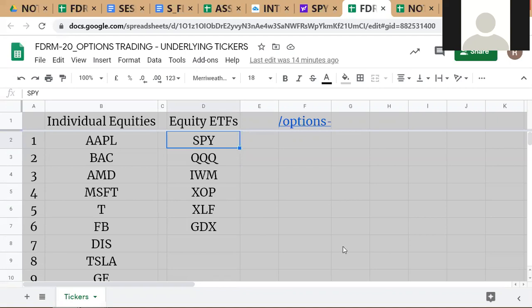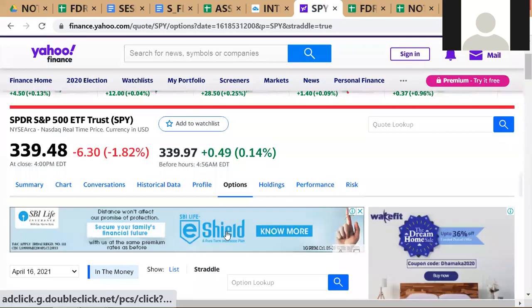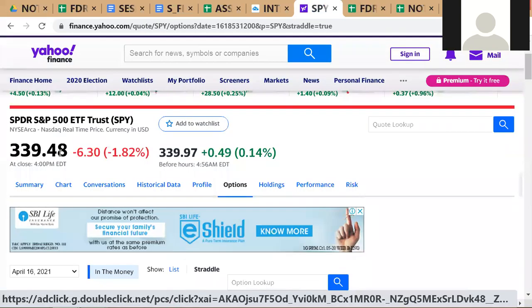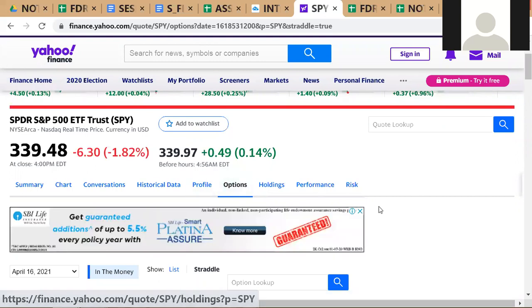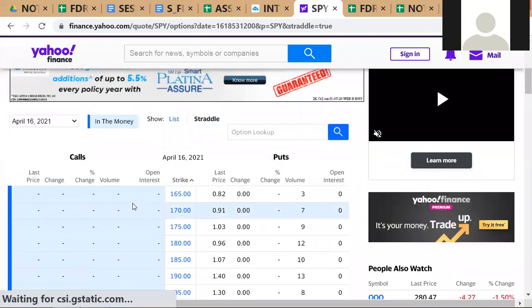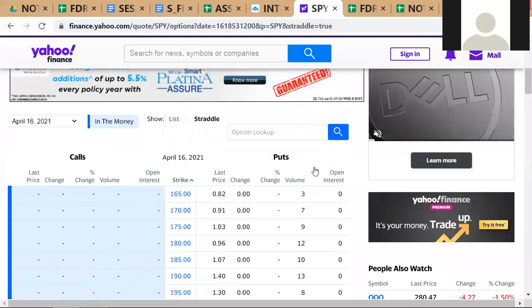That's why this classification. So when you talk about this, remember, use this language, individual equities. That means individual companies, each are different companies. And ETFs contain many of these individual equities inside them. So underlying here is the SPY price. And when you click on the options tab, you get the options, okay? So these are these calls and puts, okay?